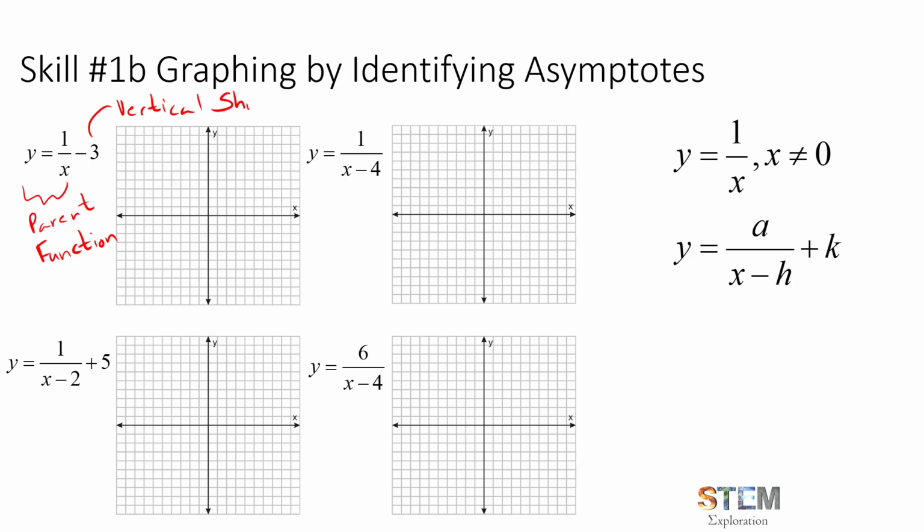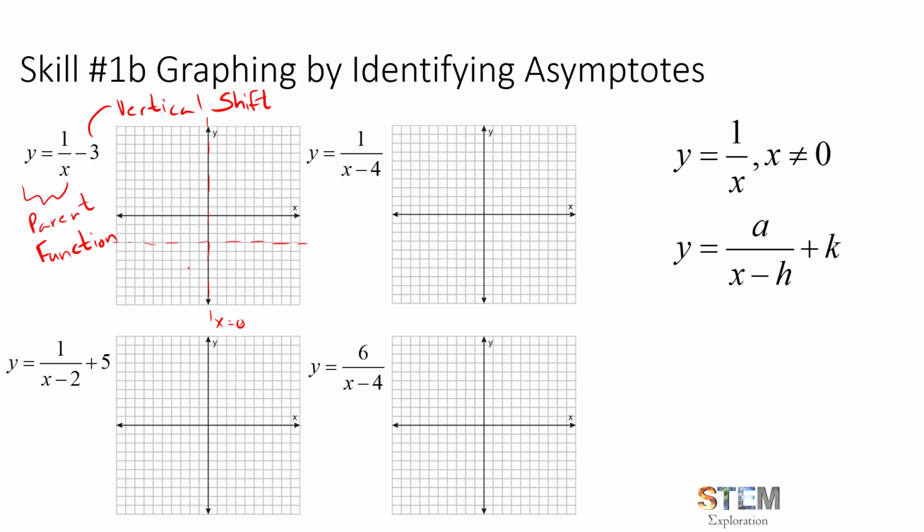And so this basic behavior that I just got done showing you can be duplicated, and you will have a vertical asymptote at x equals 0, because there is no h term, and then the horizontal asymptote will be at y equals negative 3, since k is equal to negative 3.